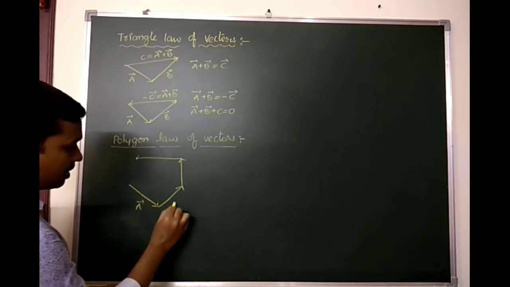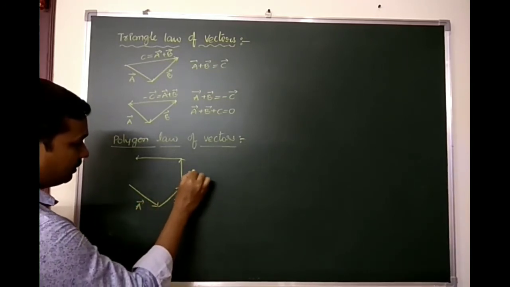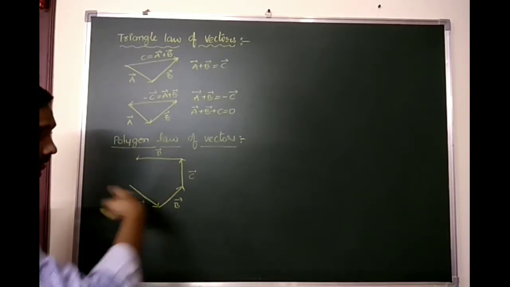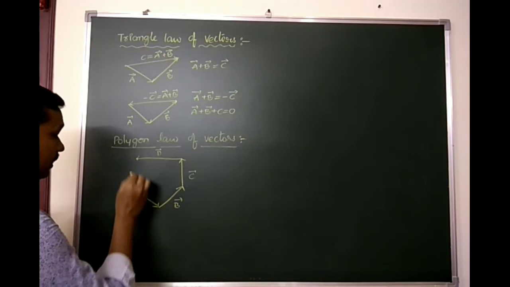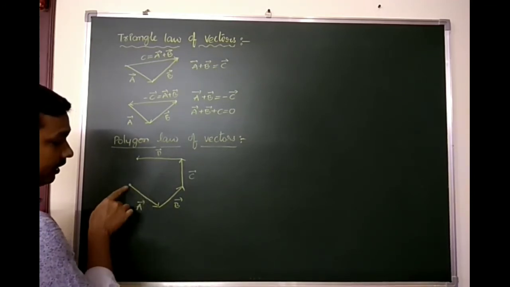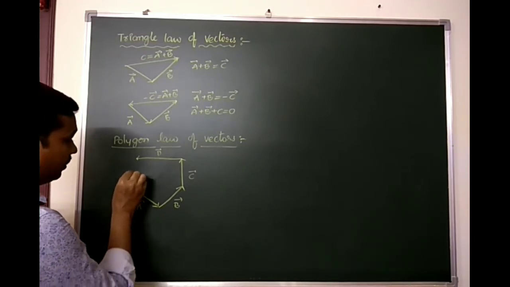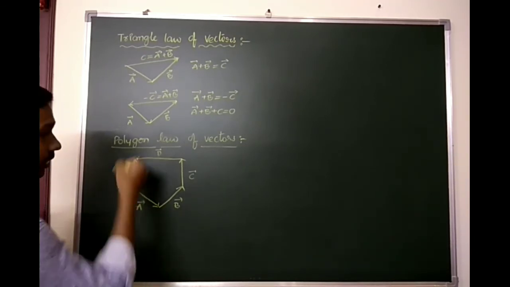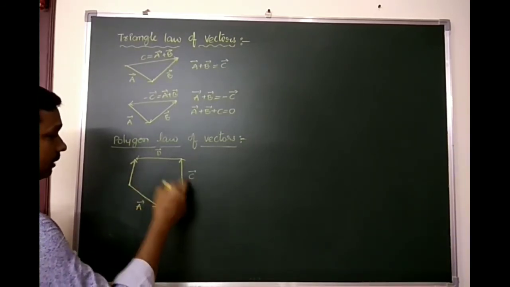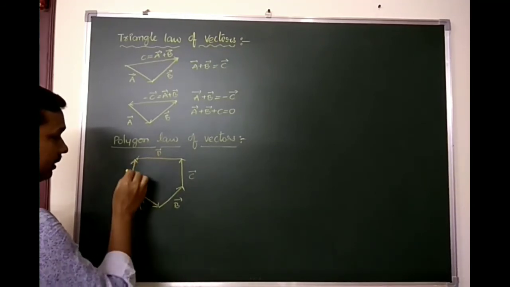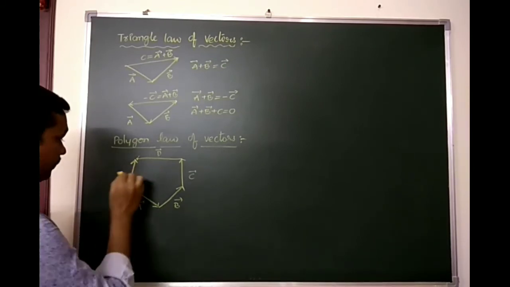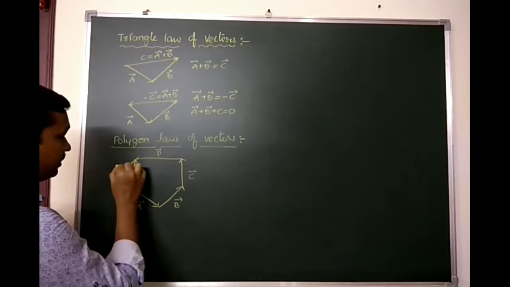This is A bar, B bar, C bar, D bar. All are in order, in the same direction. Then the resultant is represented from the tail of the first vector to the head of the last vector. This gives you the resultant value. The resultant is this vector, which I am representing as E bar.